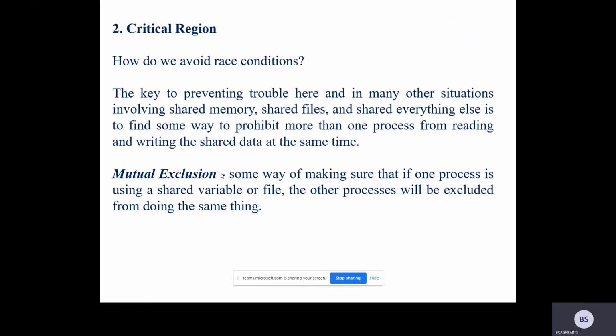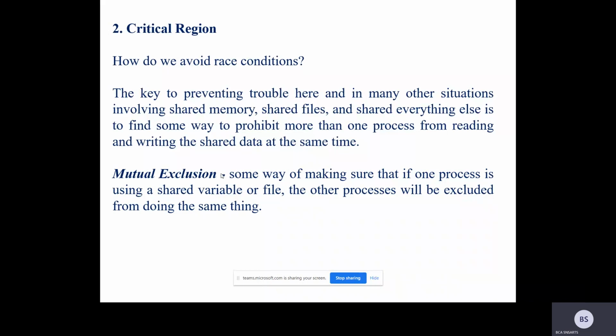So now we look at the critical region. Race conditions and critical regions are important points in inter-process communication. In order to avoid the race condition, people have introduced the concept called critical region and mutual exclusion. Okay, the key to preventing trouble here, and in many other situations involving shared memory, shared files, or shared anything else, is to find a way to prohibit more than one process from reading and writing the shared data at the same time.